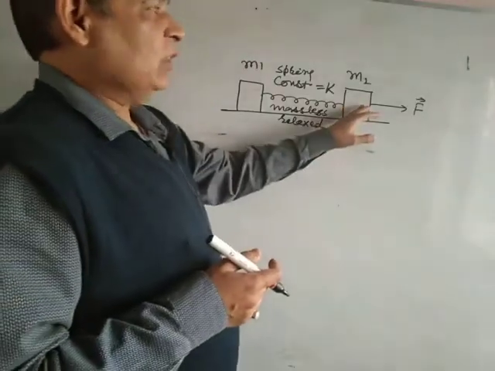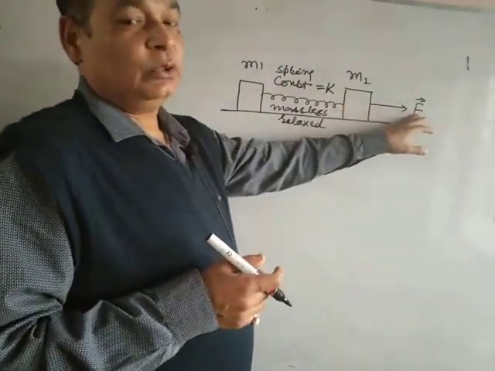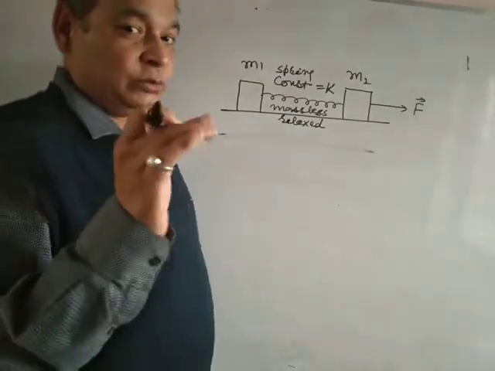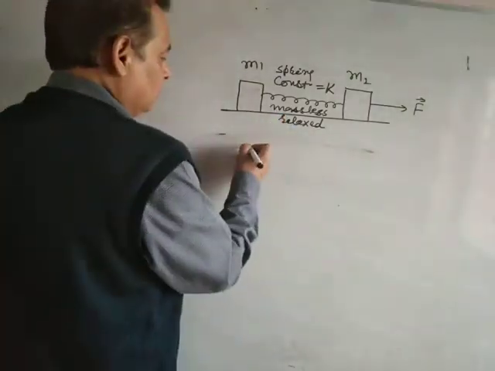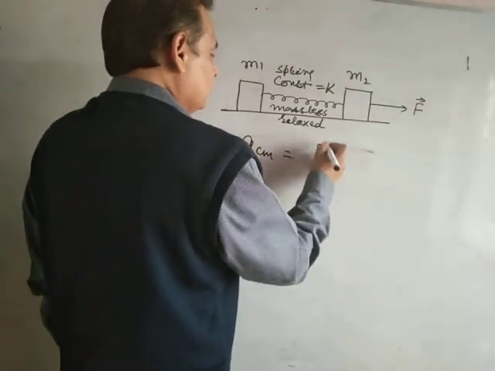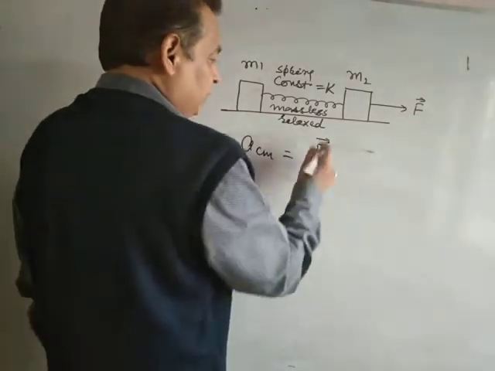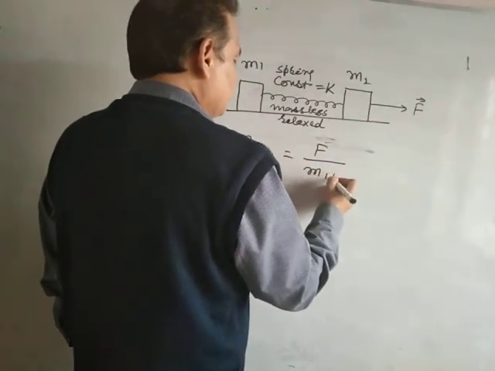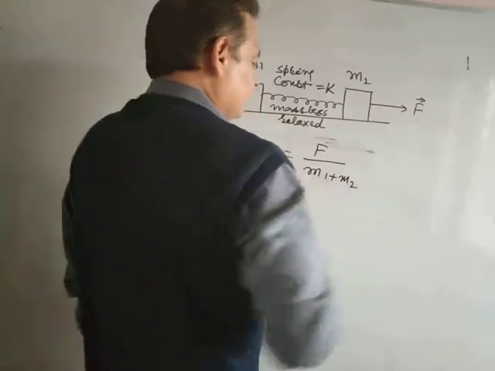Since the external force on this system is F, because there is no other friction, the acceleration of center of mass, ACM, will be the net external force F, I am taking magnitude only, upon the total mass of the system.